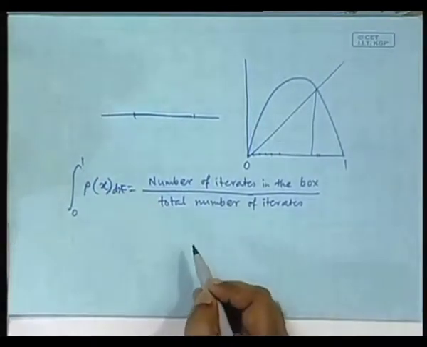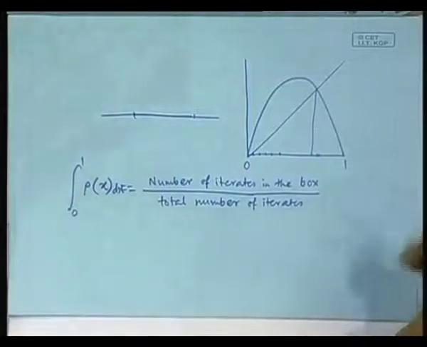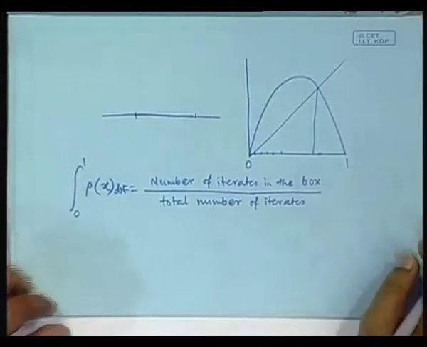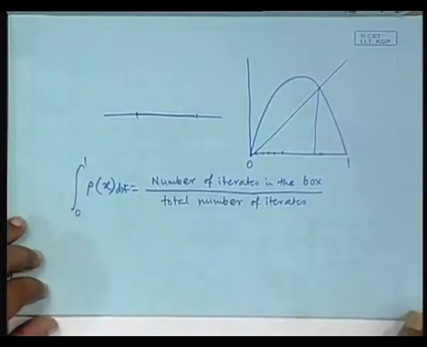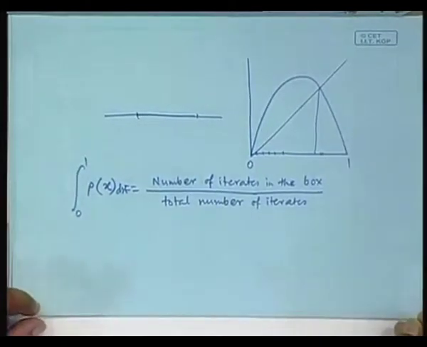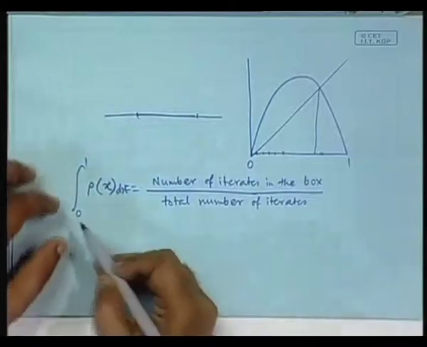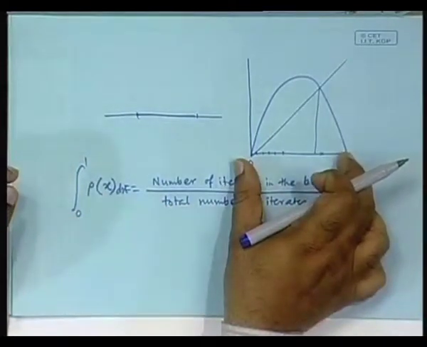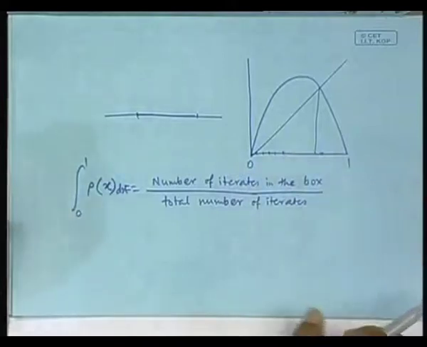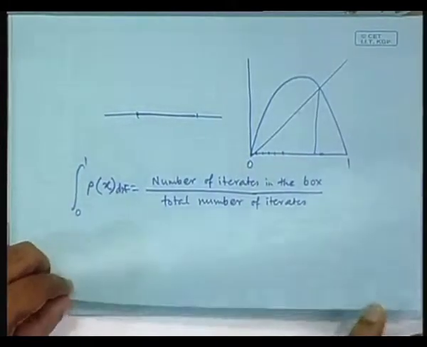Yes, over the box range. Sorry, this is the right definition. I'm sorry. Basically, it has to be integrated over the range of the boxes. Then that is the right definition. Okay.